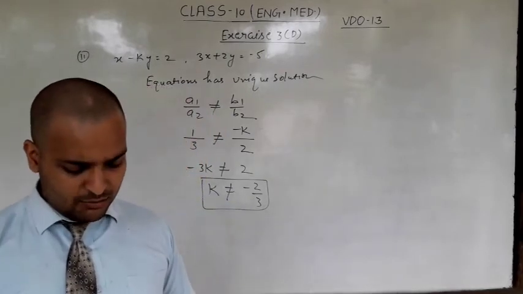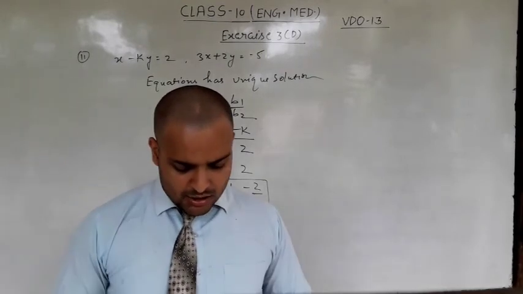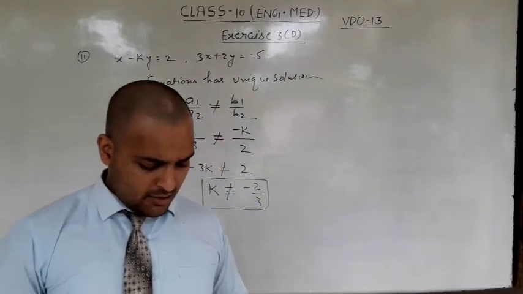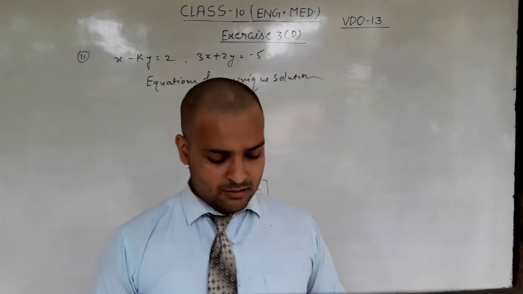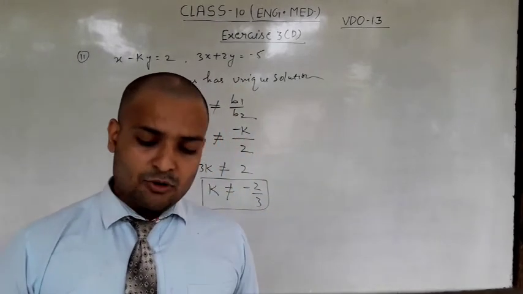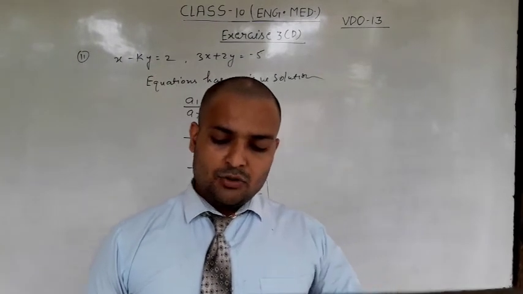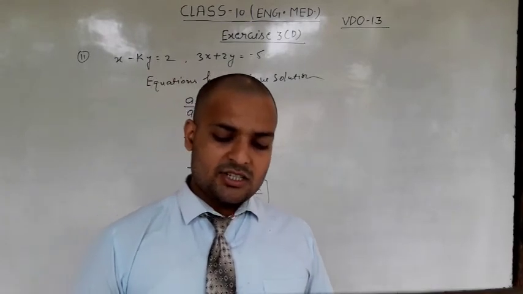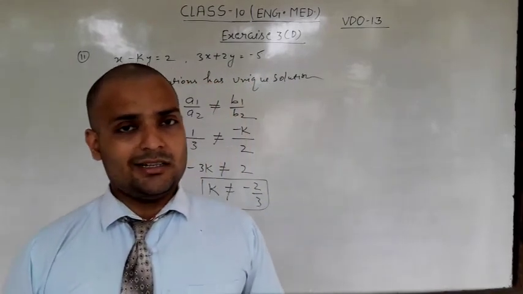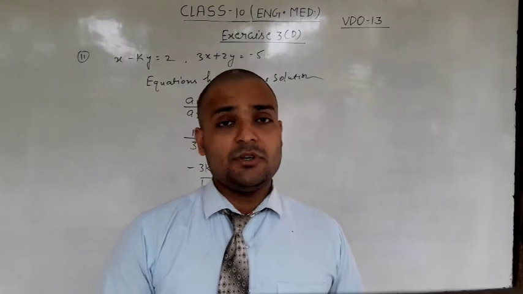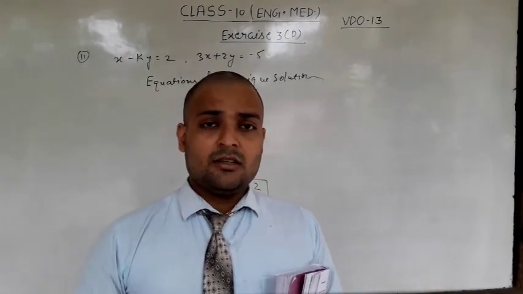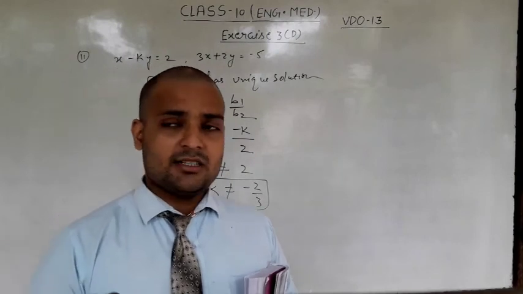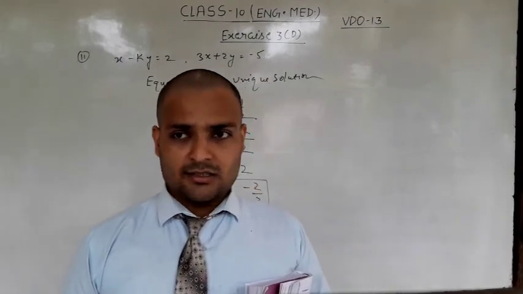Now question number 12, infinite solution. You can solve for alpha. Now question number 13, you can solve for k. Okay, and in question number 14, you have to tell which is consistent and which is inconsistent. You have to know very well which was consistent. If the equations have a solution, that is consistent, and if the equations have no solution, that is inconsistent.